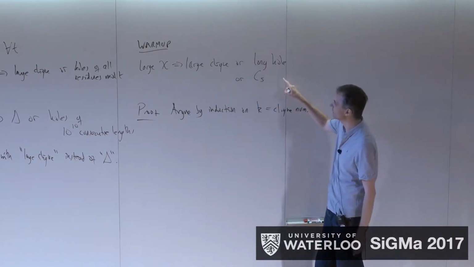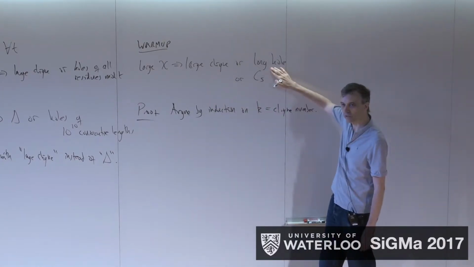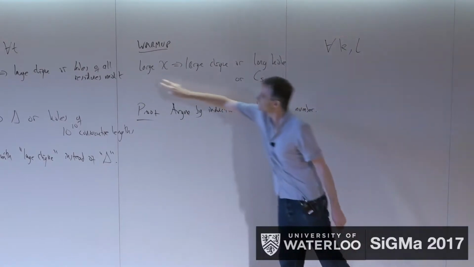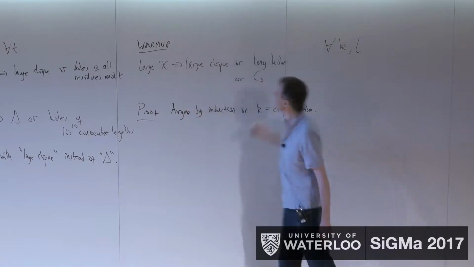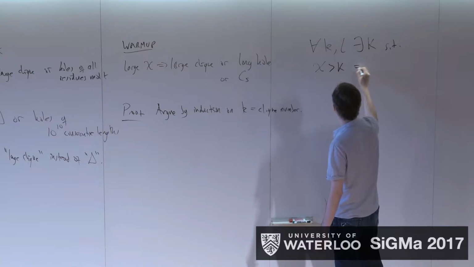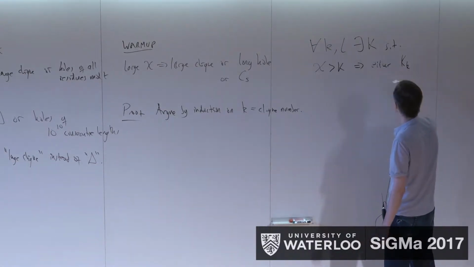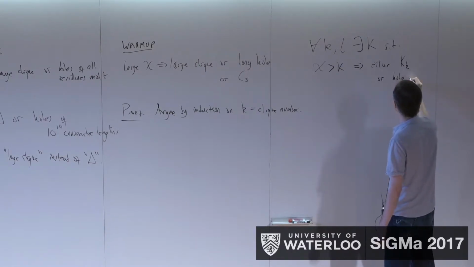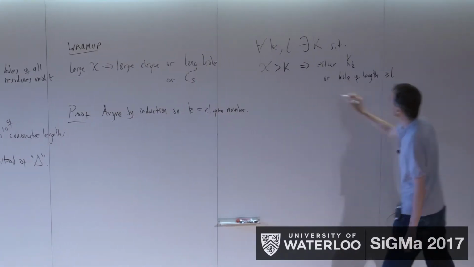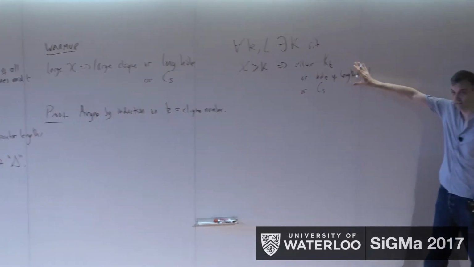So what I should really say here is, for every choice of clique size, every choice of long, so for all K and L, there exists a chromatic number, so there exists a capital K, such that chromatic number greater than K implies either you get a clique on K vertices or a hole of length at least L or C5. So that's a formally correct statement of that.